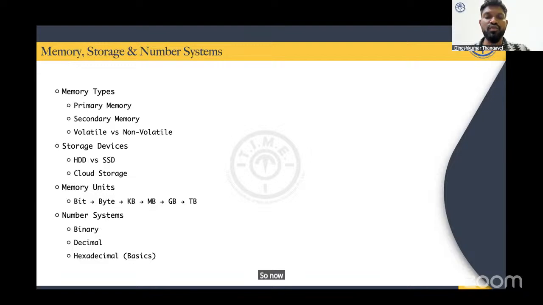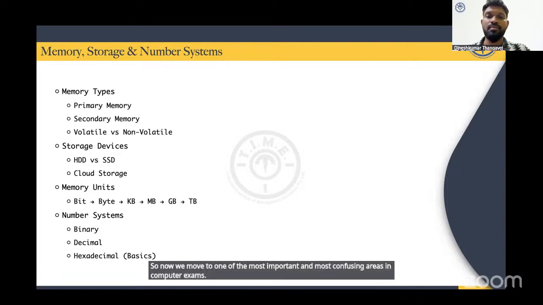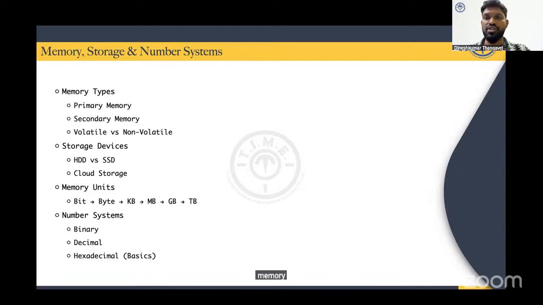So now we move to one of the most important and most confusing areas in computer exams: memory and storage. Almost every paper has 2 to 4 questions from this bucket.